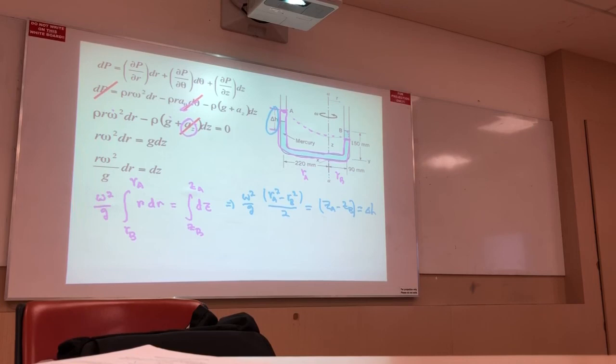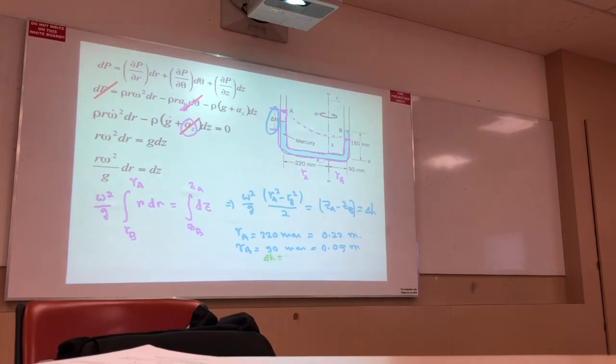So in that question, what is the value of RA? Tell me. RA is 220 millimeter, right? 220, alright, this one 0.22 meter. You have to convert. RB 90 millimeter, 0.09 meter, and delta H 75 mm. It's given. 0.075 meter. So delta H is given.